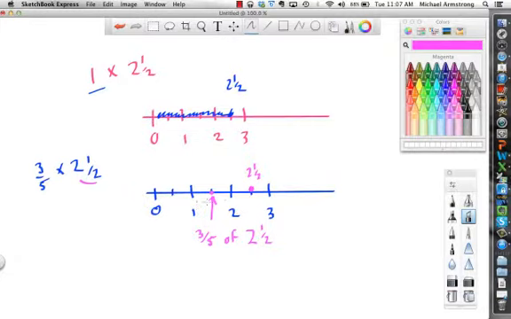If we count it over, 1, 2, 3, out of a potential for 5. So we have 3 out of 5 of 2 1/2, and that puts us at this point, which is 1 1/2. And this is really neat because you can see easily that 1 1/2 is the answer: 3/5 times 2 1/2 equals 1 1/2. Okay, so that works really good.